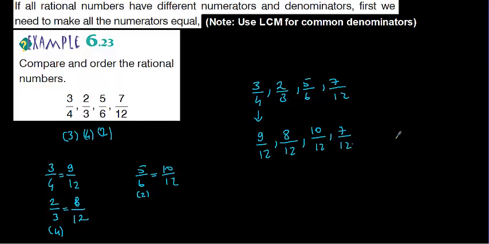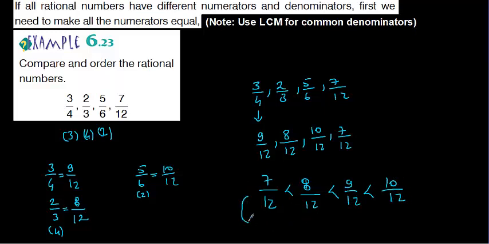So when the denominators are the same, the biggest numerator is the biggest number. The smallest numerator is 7, that's the smallest number. 7 over 12 is less than 8 over 12, which is less than 9 over 12, which is less than 10 over 12.